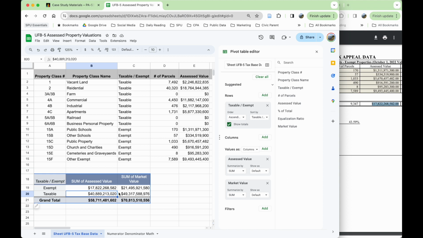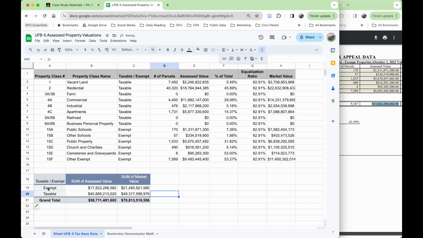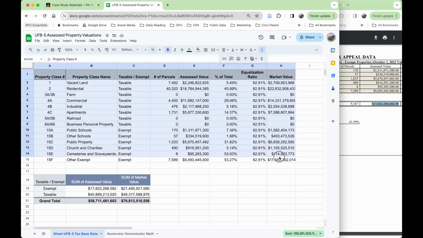And that $9 billion ultimately could be resulting in over or under taxation throughout the community. Now, in another exercise, I'm going to have you look at this on a specific homeowner basis. But the important thing with this exercise is that this is just one example of how we can derive value from a pivot table. I would also like you to create a couple of charts.